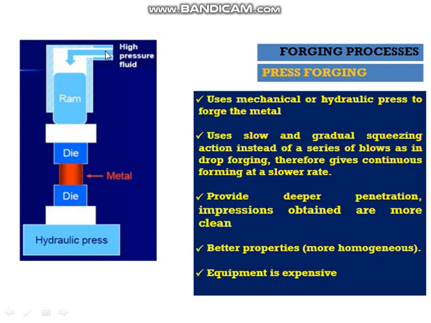High pressure fluid enters the ram, and the ram pushes down the die. It's a movable die and a fixed die. When the pressure is applied, the metal shape changes.